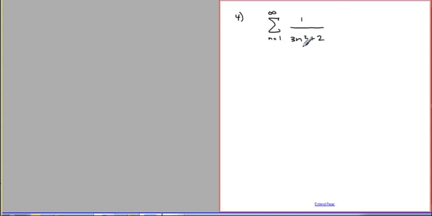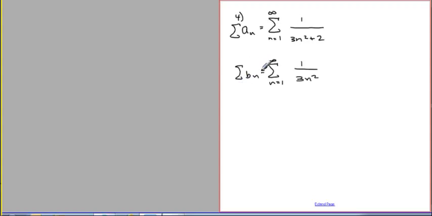What you want to do when using the direct comparison test is come up with a function that is always less than this, or always greater than this, and if that one converges, then you're in good shape. A lot of times you have a function plus a constant, so if you get rid of the constant, this would be the series a sub n, and this would be the series b sub n.